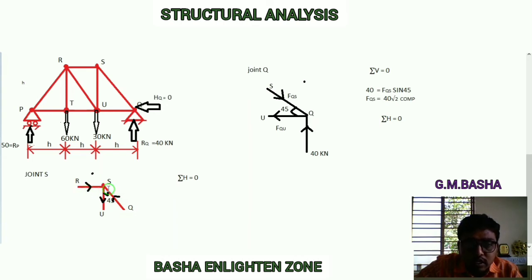One will move towards the right and the other towards the left. Therefore, the force in the member RS will be equal to the force in the member SQ into, here theta opposite will be sine and adjacent will be cos. So resolving horizontally, I will get the force in the member SQ into sine theta, which is sine 45 degrees.